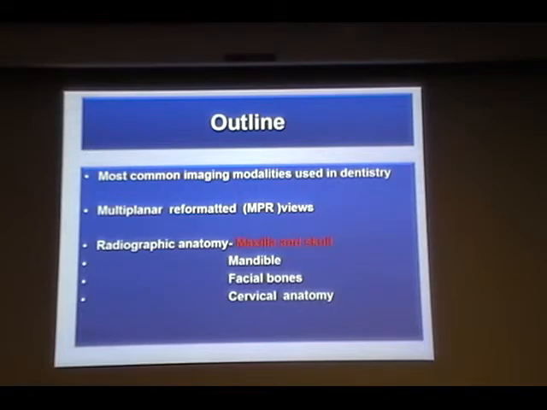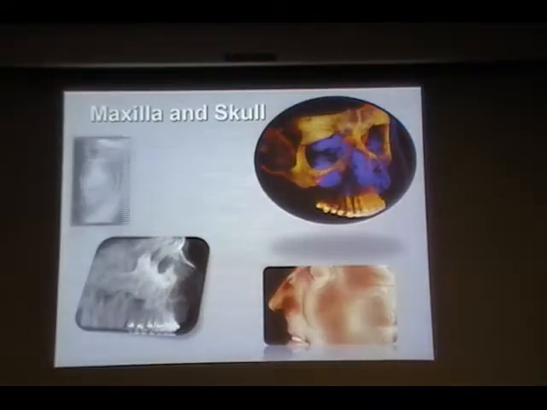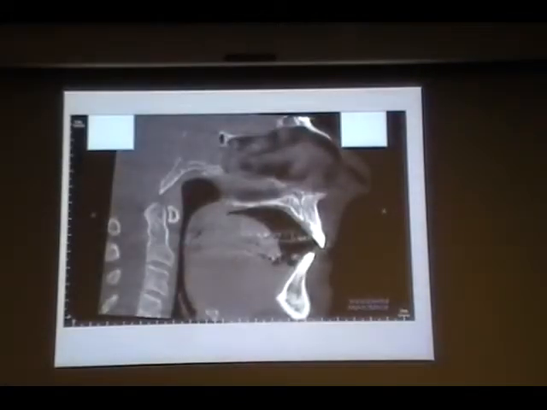Let's start with the maxilla. So what view do you think is this one? Sagittal, wonderful, okay. Now, if I ask you to identify what is the abnormality that is so striking in this image, can you tell me? Or at least you can give it a try.